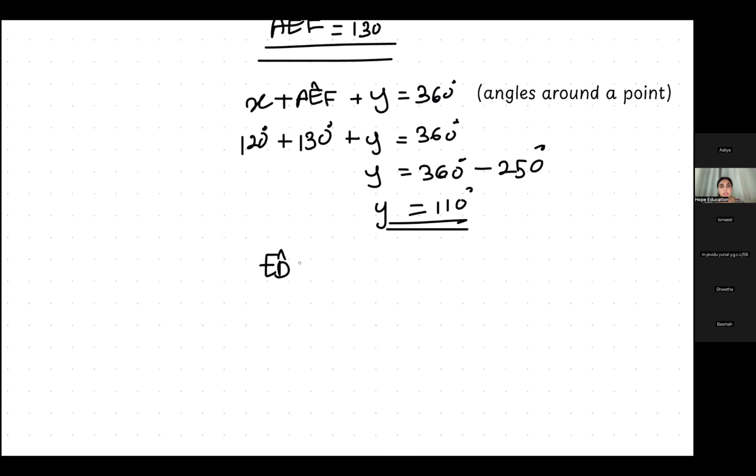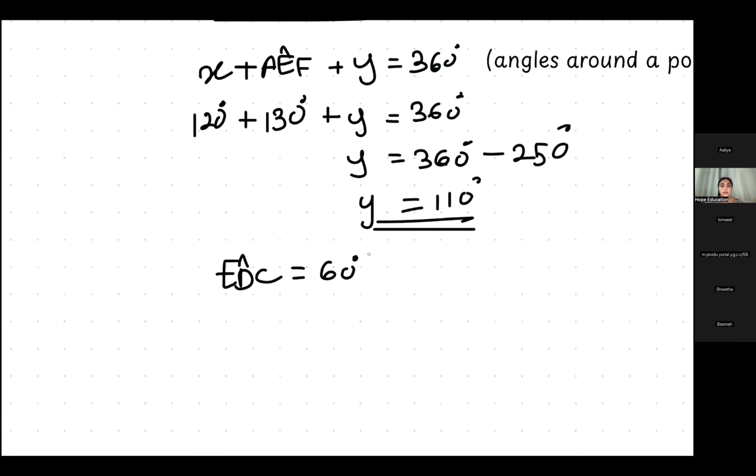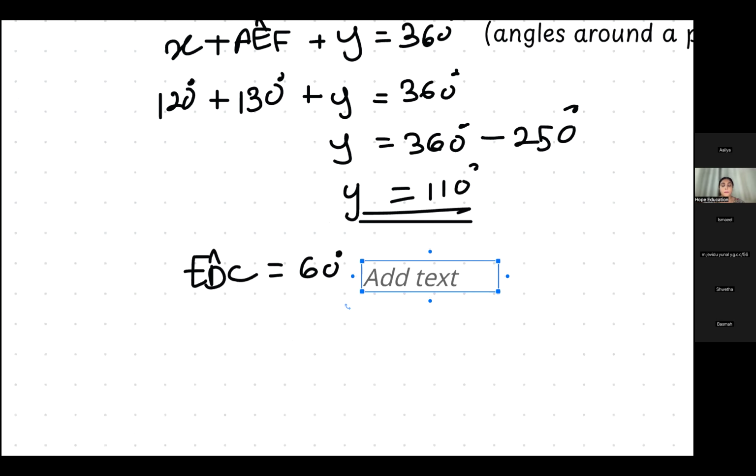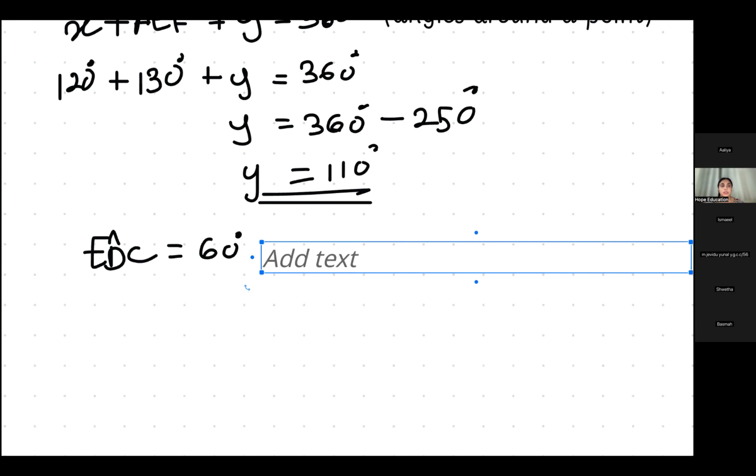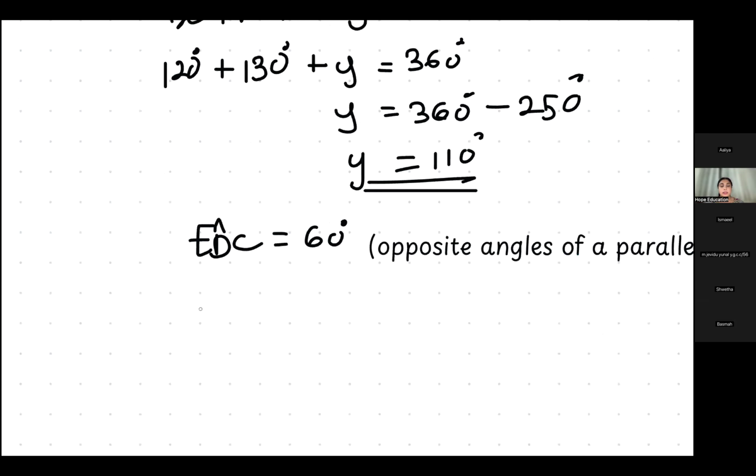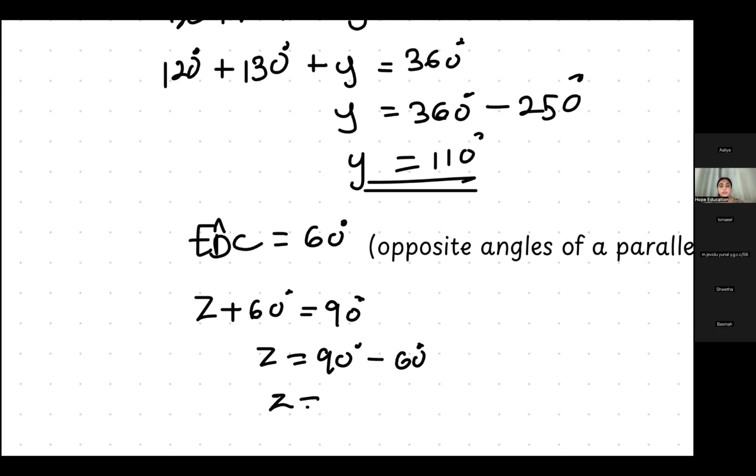EDC is equal to 60 degrees. We can write opposite angles of a parallelogram. Then we know Z plus this 60 is 90. There is a right angle there. Therefore, Z equals 90 minus 60, which means 30 degrees. Is this clear to all of you? Give me a thumbs up, please.